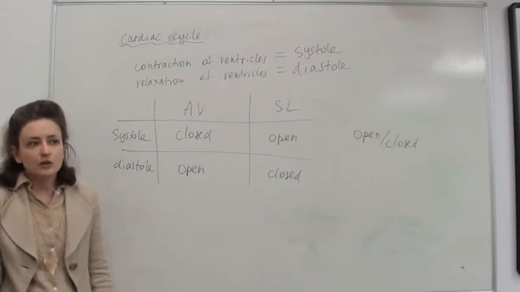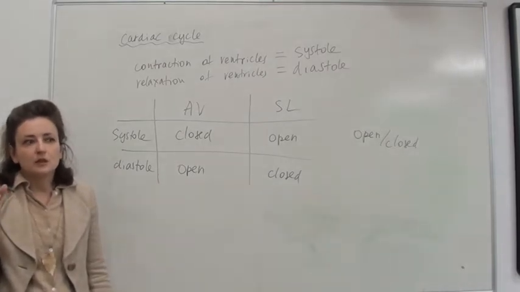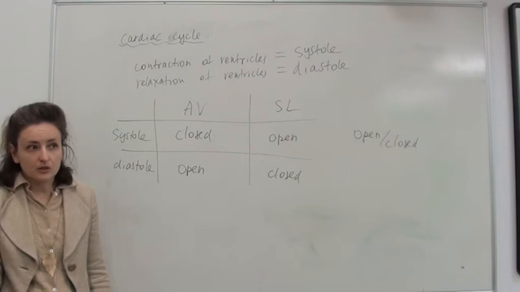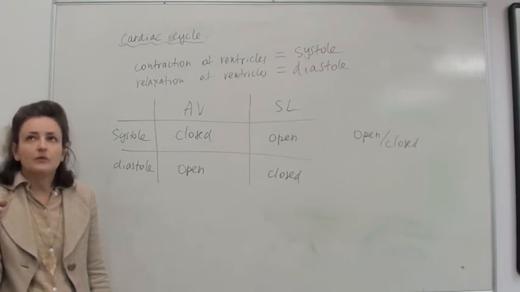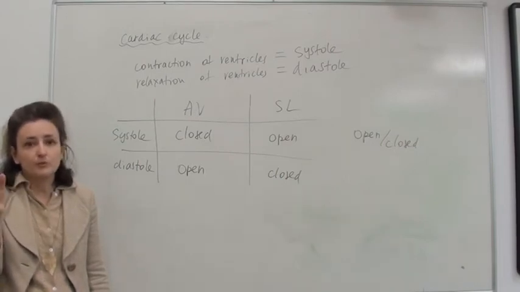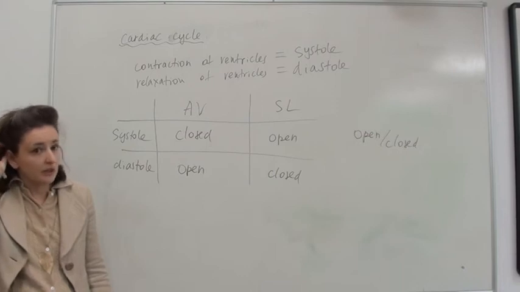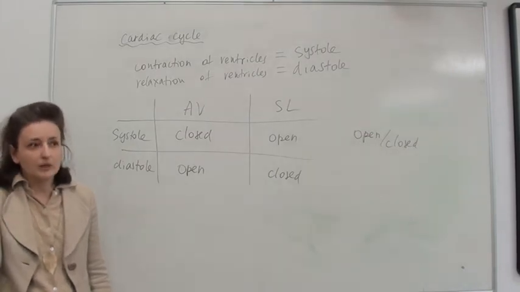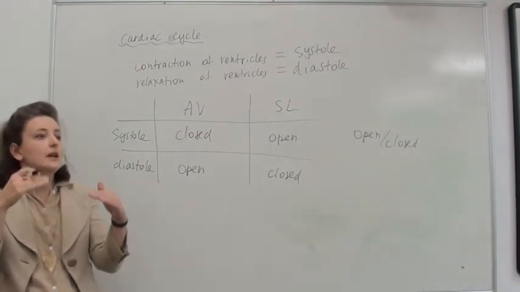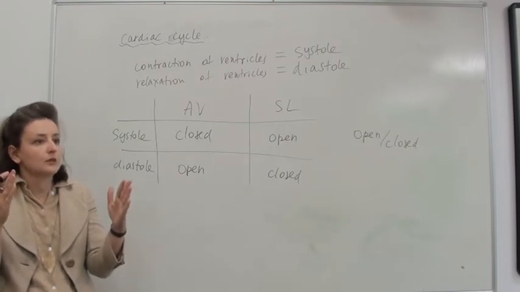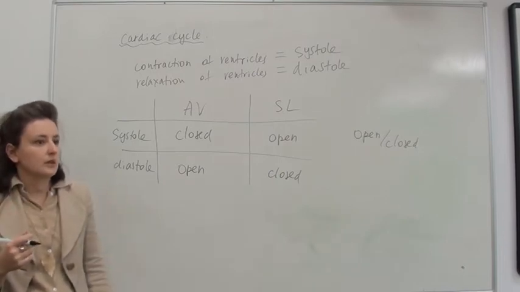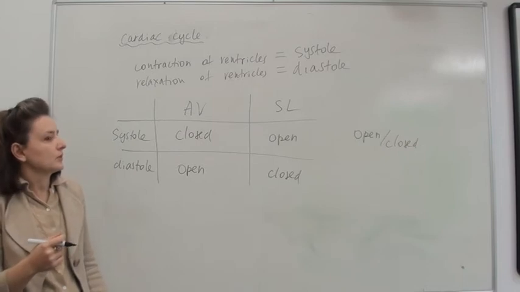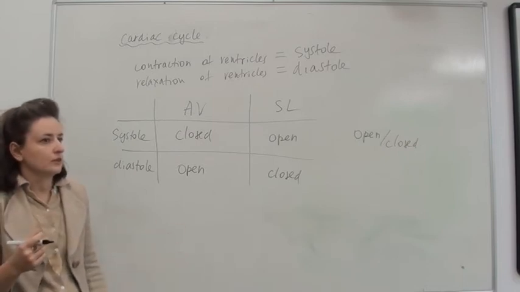If you are struggling to visualize it, I'm going to put a link on the VLE to a really good video about the circulatory system. Just have a look at the animation of those valves opening and closing, and hopefully this will help you create a visual picture.